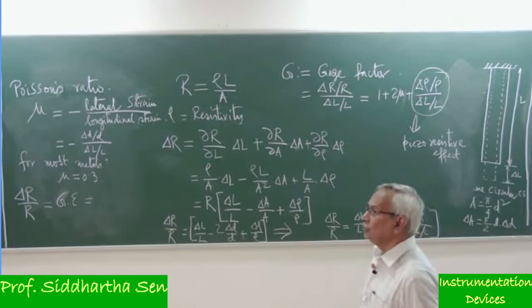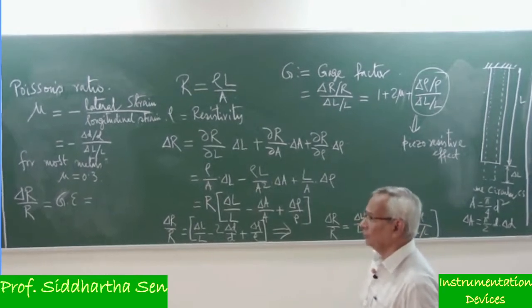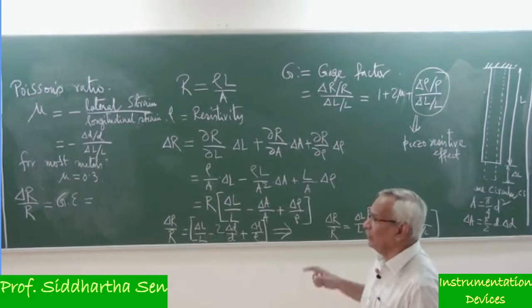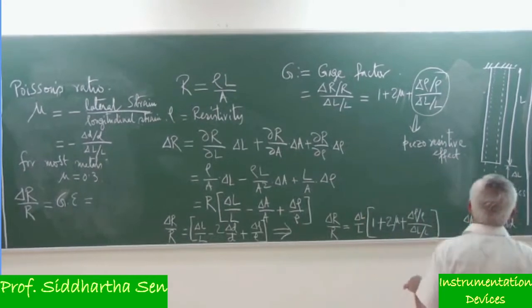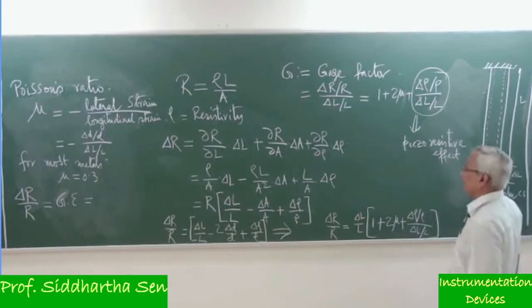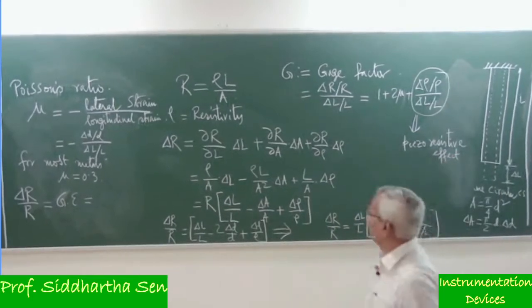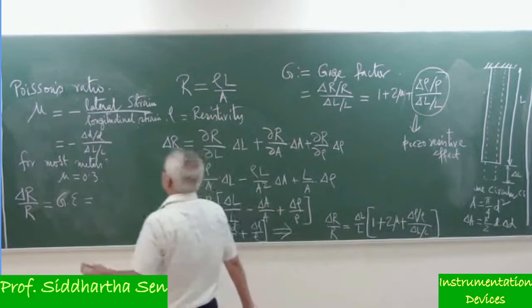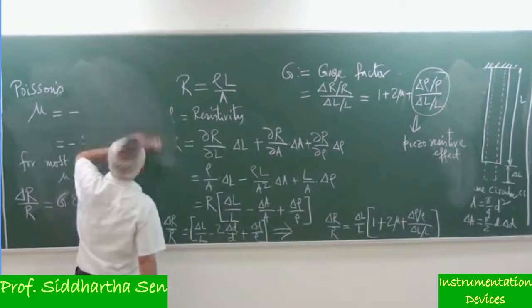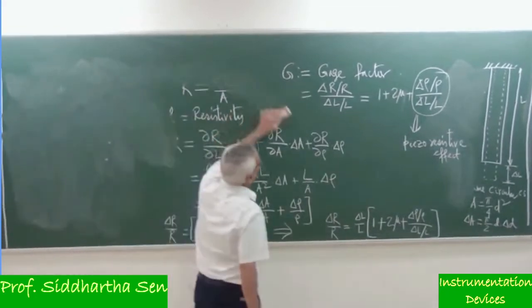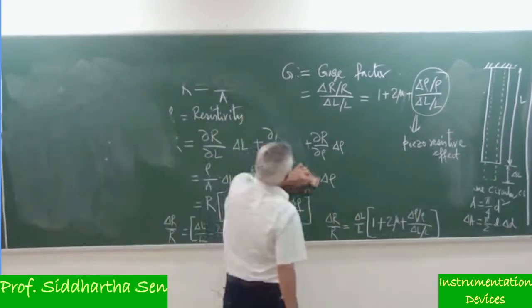It is not dependent upon the length or construction or any other things there. So, one more thing is that, as I have told you, for most metals, the mu is around 0.3.